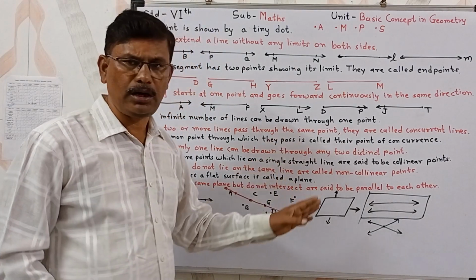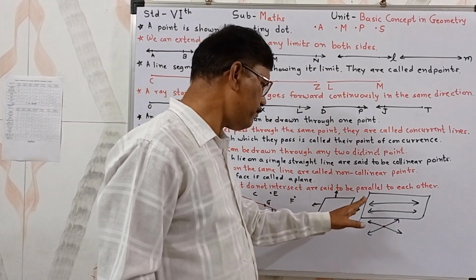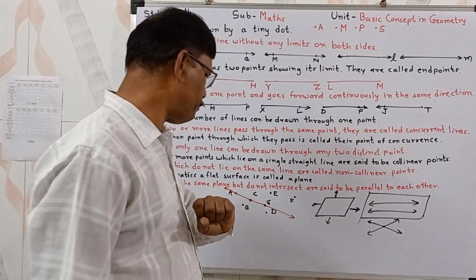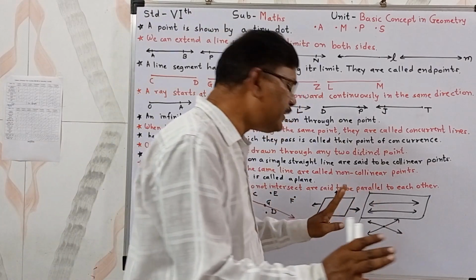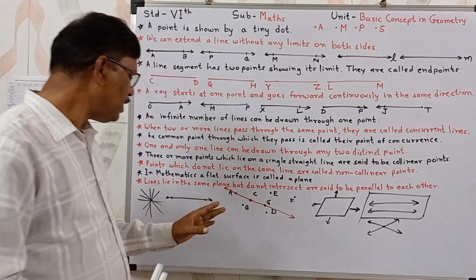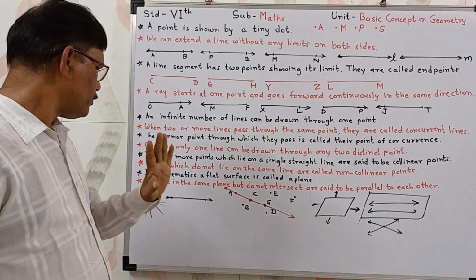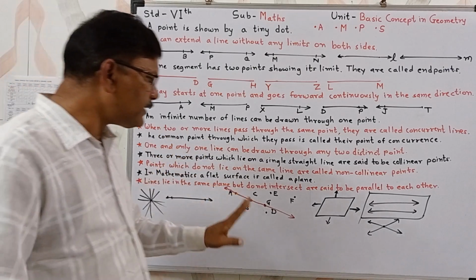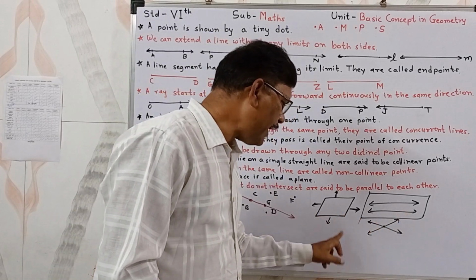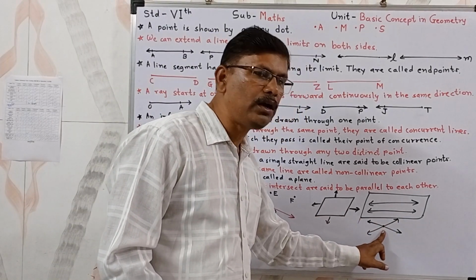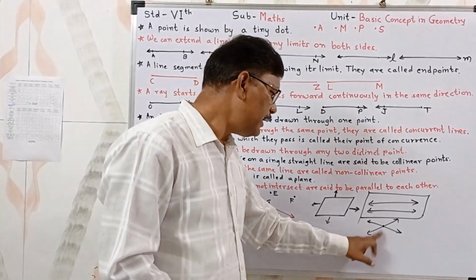Then the next one is parallel lines. The lines which lie on the same plane but do not intersect are called parallel lines, and the lines which intersect each other are called intersecting lines.